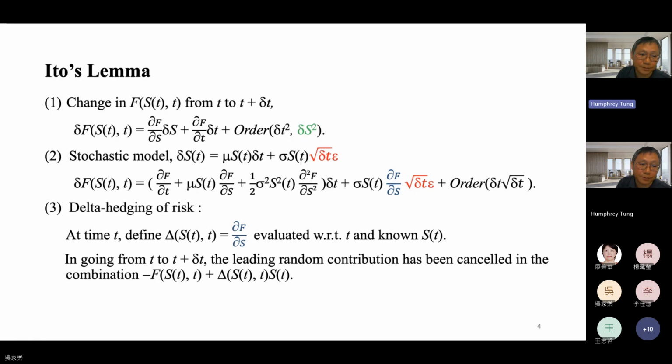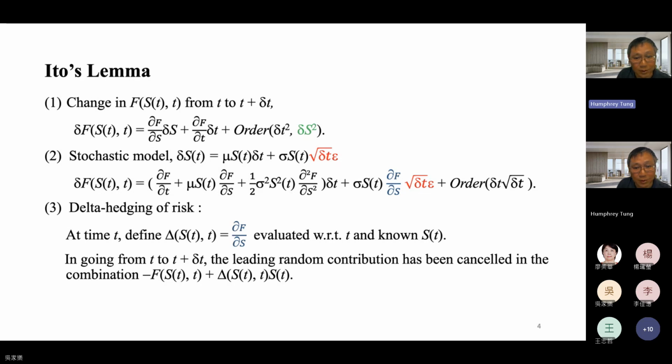But of course, if we are talking about finite increments, so let's say my time change is finite, before we go to differential time, there will be a correction term.